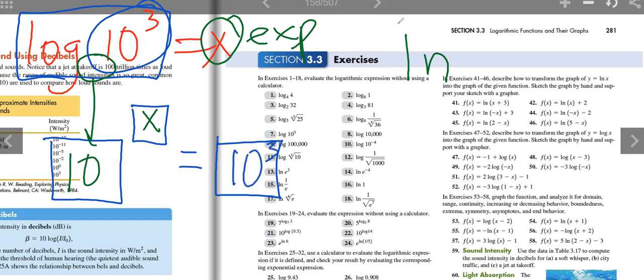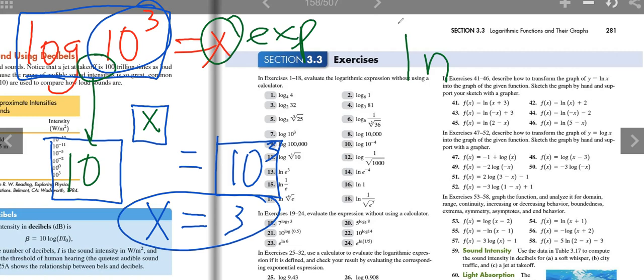So if 10 to the x equals 10 to the third, what does that mean about x? 3. Thank you very much. The bases are both the same already. I didn't have to do any algebra for that at all. It was kind of a gift-wrapped problem. Those are the kind of questions that should not be burning a lot of your time.